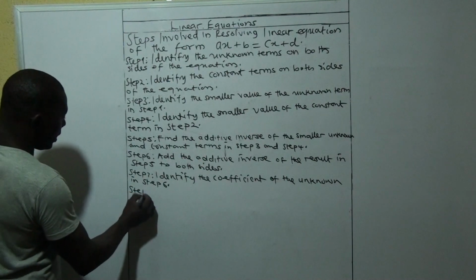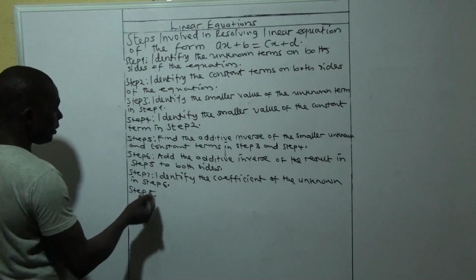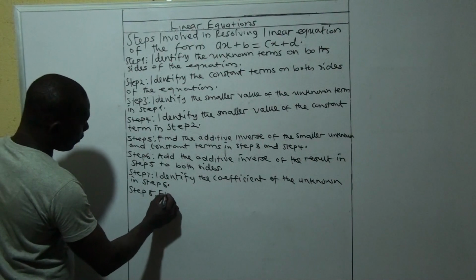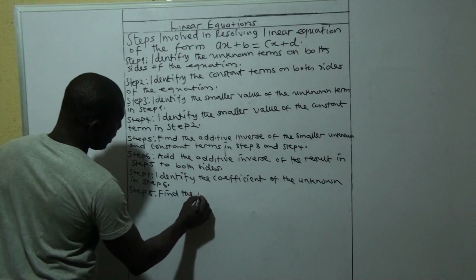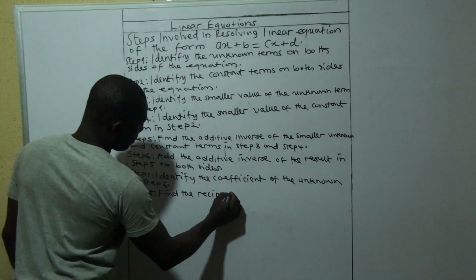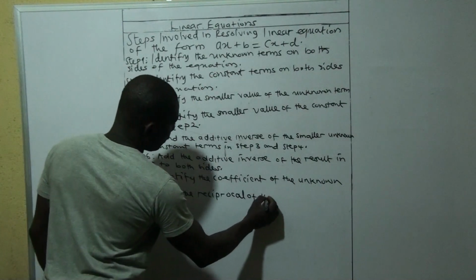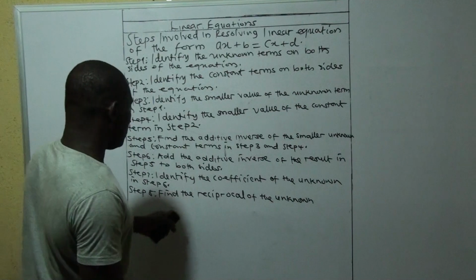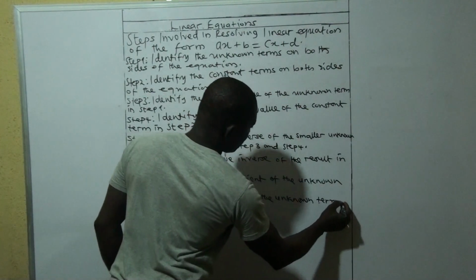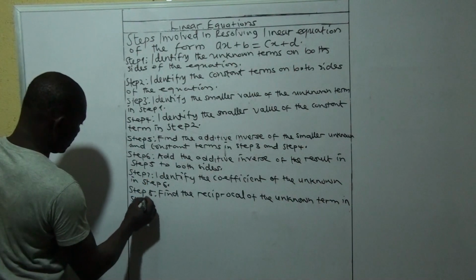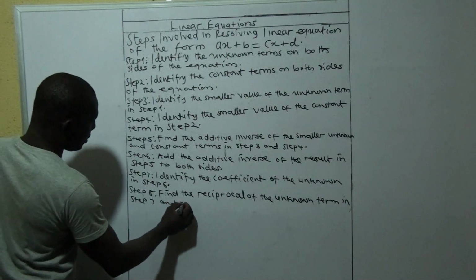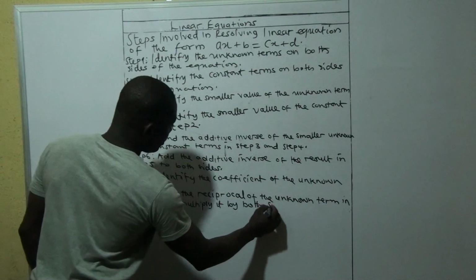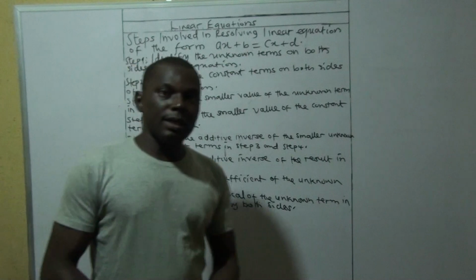Then the final step is step 8: find the reciprocal of the unknown term in step 7 and multiply it by both sides. These are the steps that we must follow.